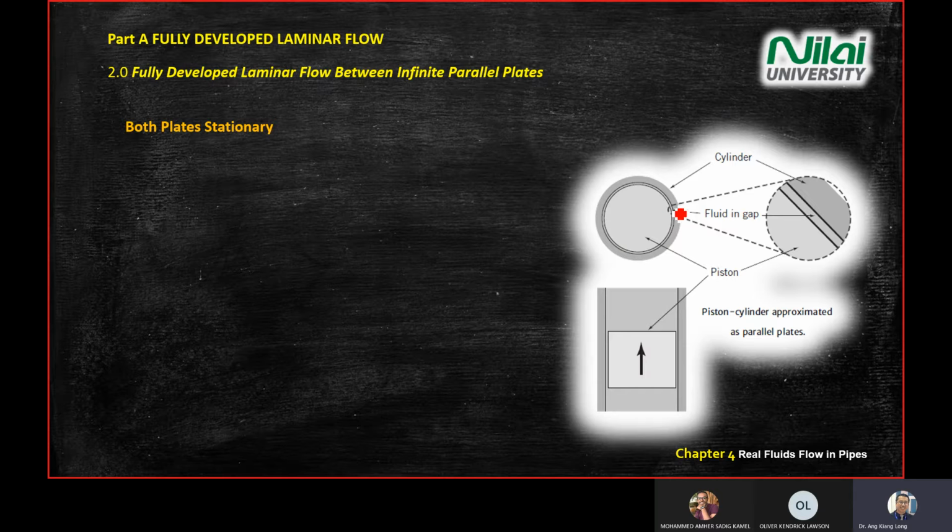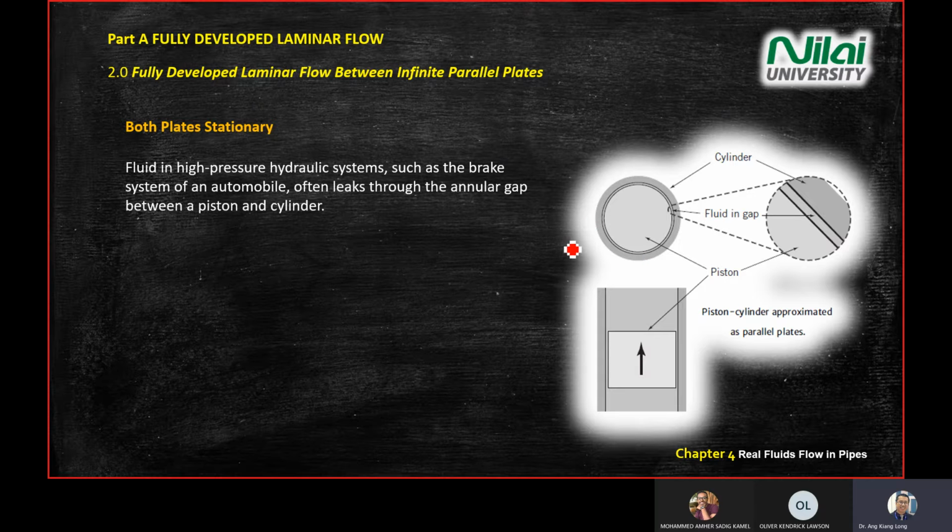Then you use a microscope to zoom in on this section. You will see that actually there's a thin fluid gap between the piston and cylinder. The gap is very, very small. Now this scenario we can simulate as parallel plates, and we will see how we derive the equation for a laminar flow inside this piston.